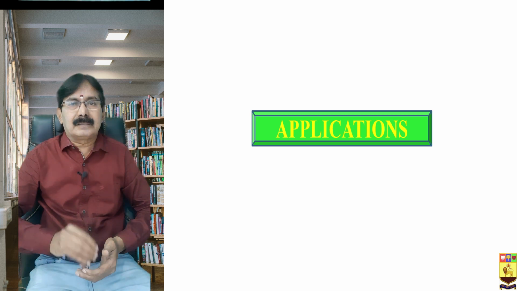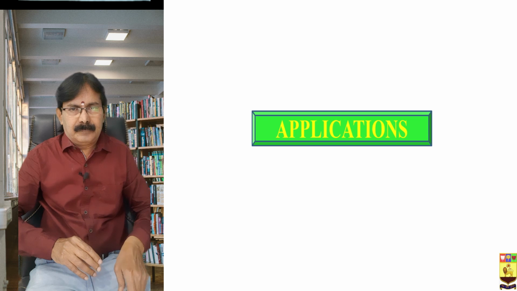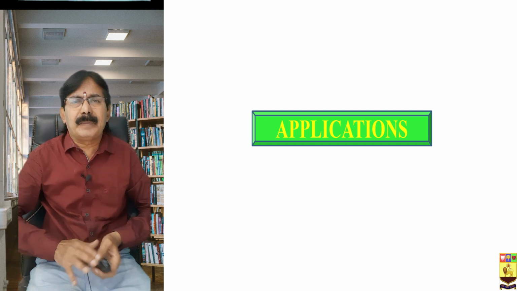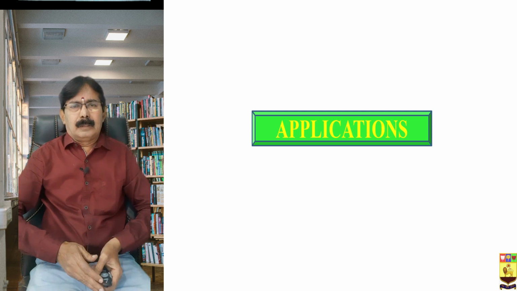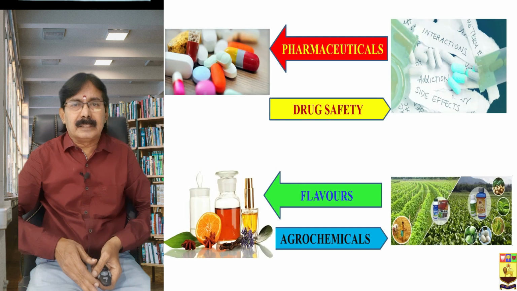In today's lecture, which is part 1 of asymmetric synthesis, we will go through the applications of asymmetric synthesis. It has a lot of applications. I already told you that $1 billion is spent on research in asymmetric synthesis.